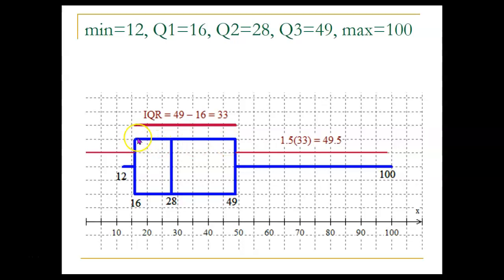It's how far it is from Q1 over to Q3 or vice versa. If we take something that's 1.5 times as long as that and go out past the right edge of the box or past the left edge of the box, anything beyond that would count as an outlier. So here the 100 is out past 49 plus 49.5, which means it would count as an outlier.